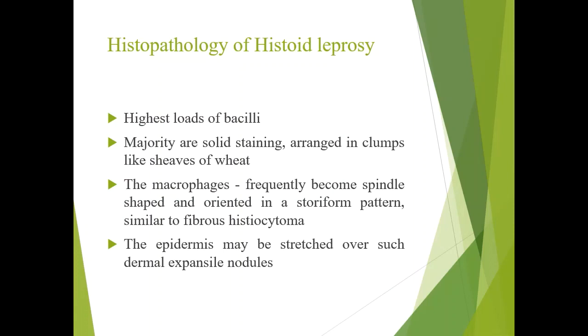The macrophages frequently become spindle-shaped and oriented in a storiform pattern, similar to fibrous histiocytoma. The epidermis may be stretched over such dermal expansile nodules. This is a picture where we can see the spindle cells arranged in a storiform pattern, and there are some inflammatory cells in the background.